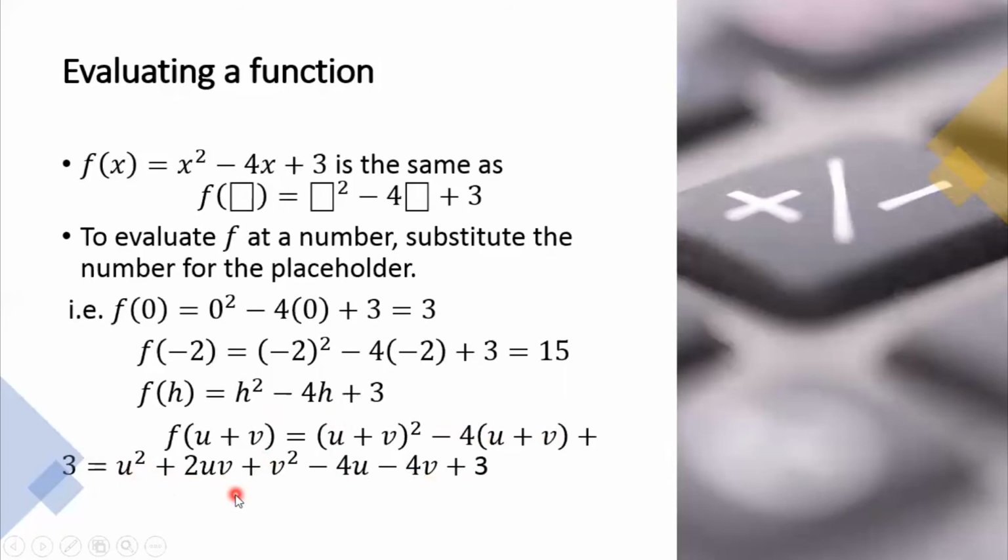Then combine like terms. But in this case, there are no terms with the same variable. So this is the final answer. This is our f of u plus v.